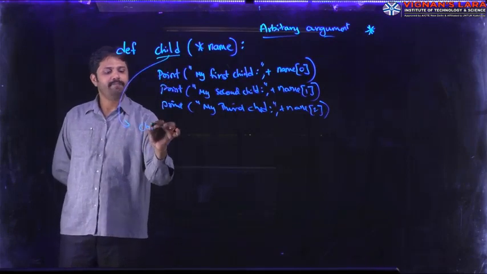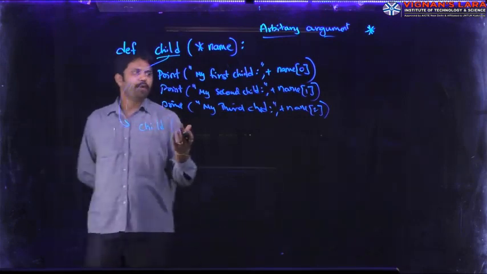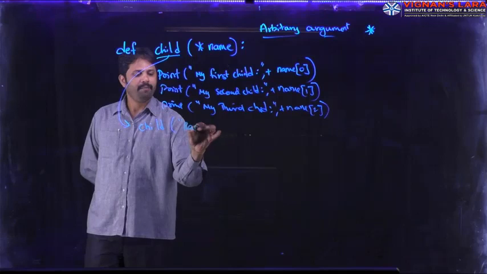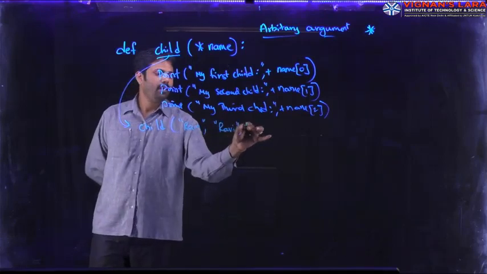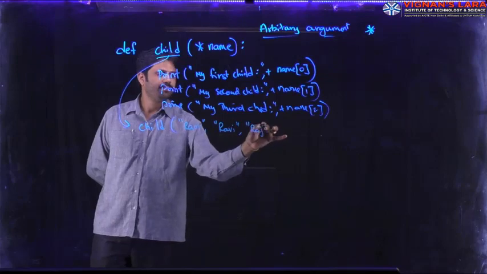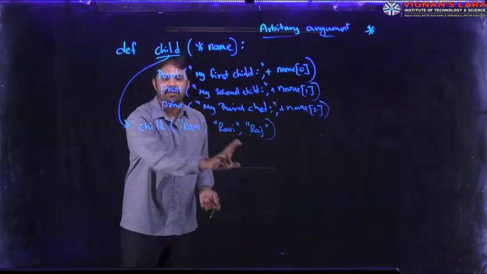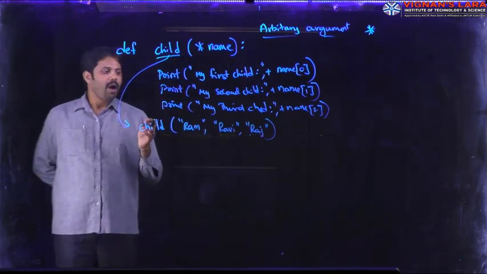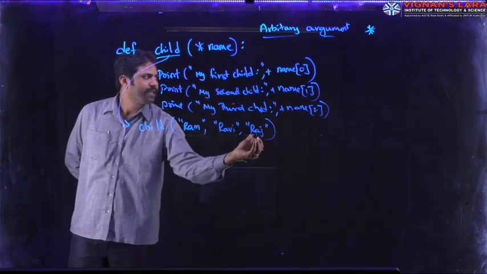Now let us call this function child of, and I am going to pass 3 values. The first one is Ram, Ravi, and the third one is Raj. Here I am not passing a list, so it will treat it as a list.